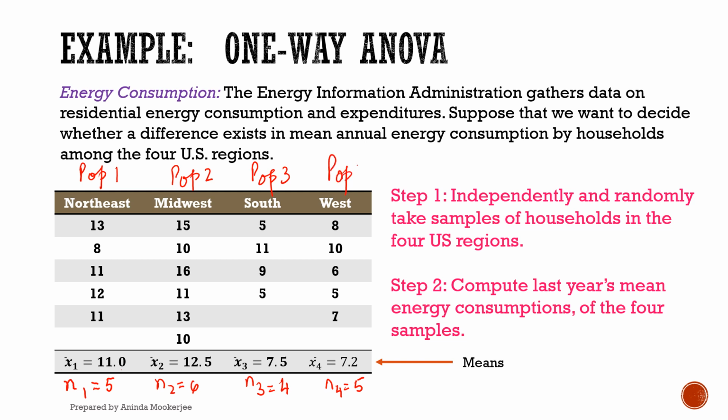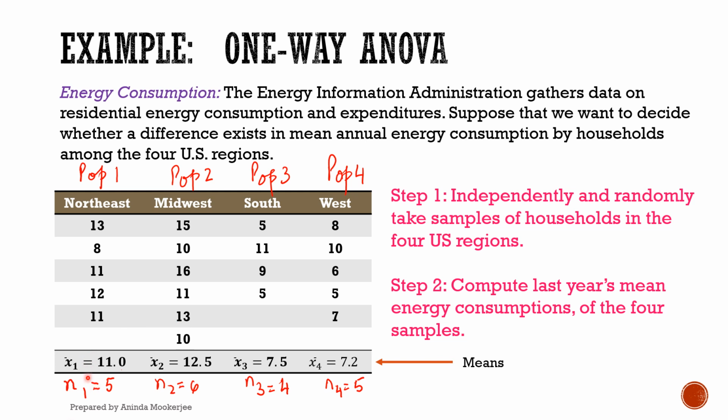From each of these populations, we have gathered a random sample of 5 households under Northeast, 6 households under Midwest, 4 under South, and 5 from the West. Their sample sizes are listed here.